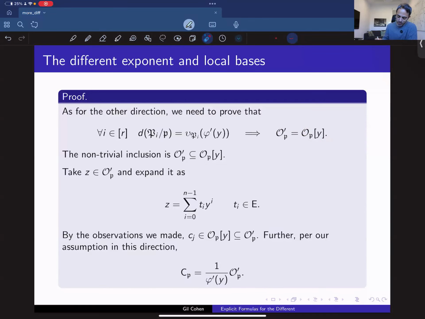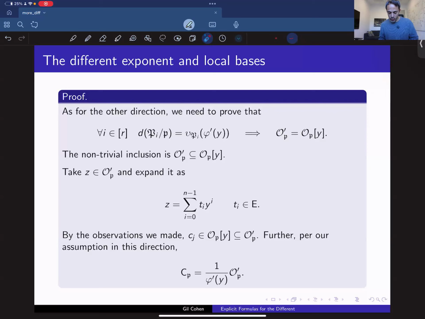So the way to do so is to just take an element here. Let's take a z in OP prime. First of all, being an element in F, and since 1, y, y squared, and so forth is a basis of F over E, you can write z like that. You just expand it using this basis.